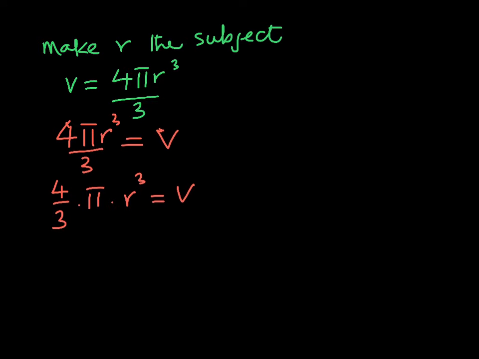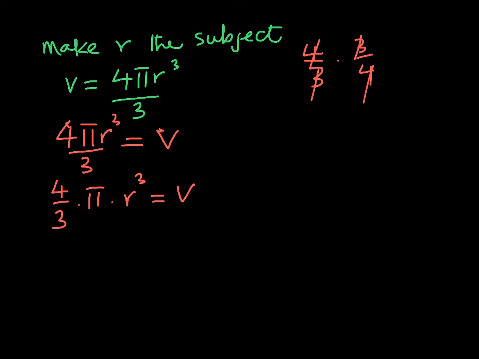Okay, so what can we do to 4 over 3 to eliminate it from that side? Well, since this is a division of 4 by 3, we can multiply this by its reciprocal. So let's multiply this by, what's the reciprocal of 4 over 3? That's 3 over 4. So 3 will cancel out, 4 will cancel out, so we are left with 1. But whatever you do to the left side, you also want to do to the right side.